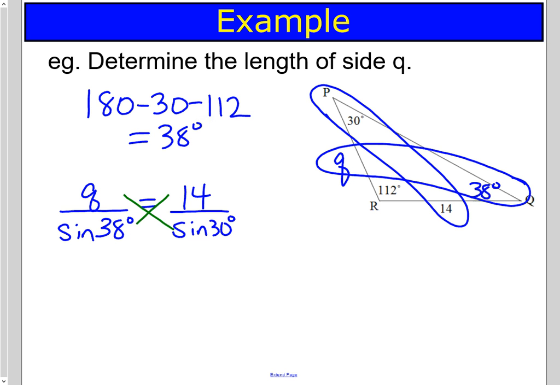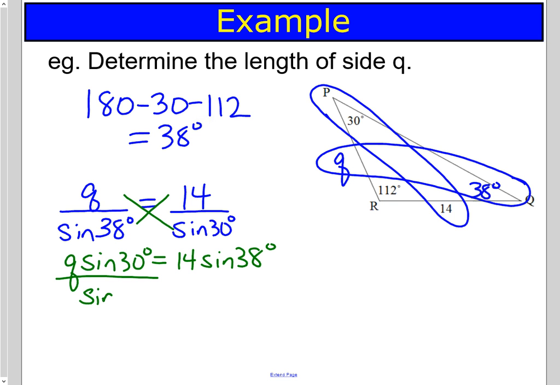Okay, let's do some cross multiplication here. I have Q sine 30 equals 14 sine 38. Divide by the sine of 30. Sine of 30, that will get that Q all by itself. So this cancels with this.